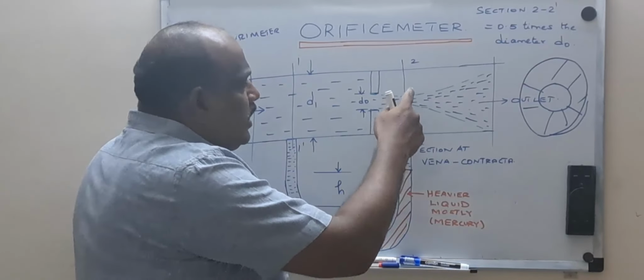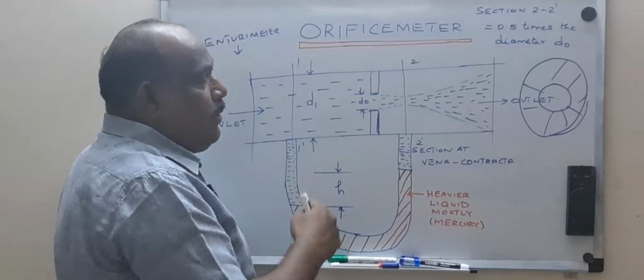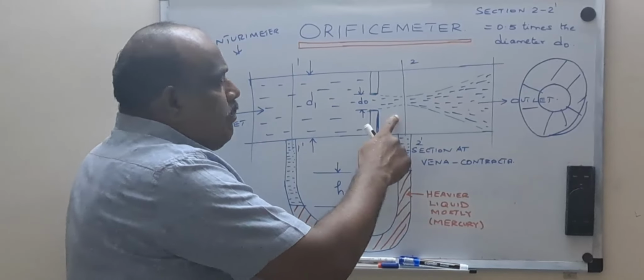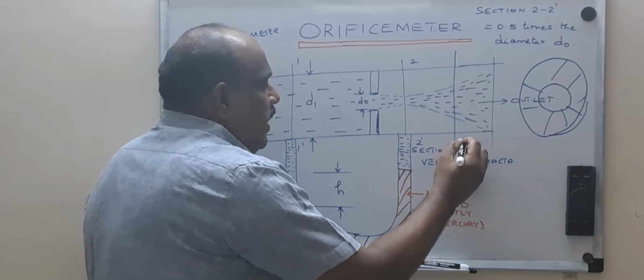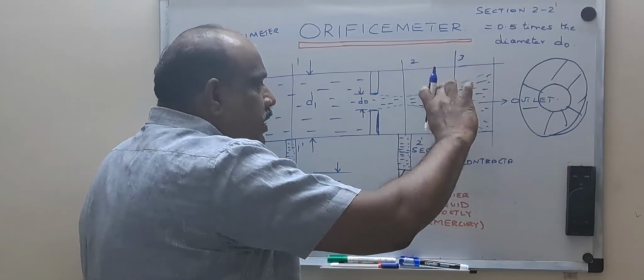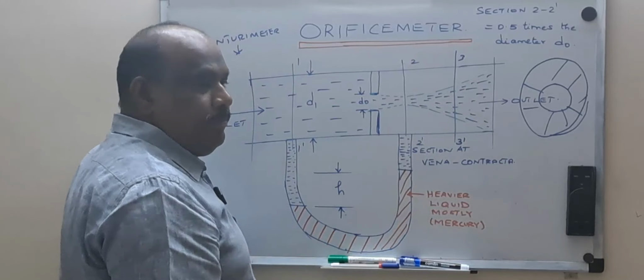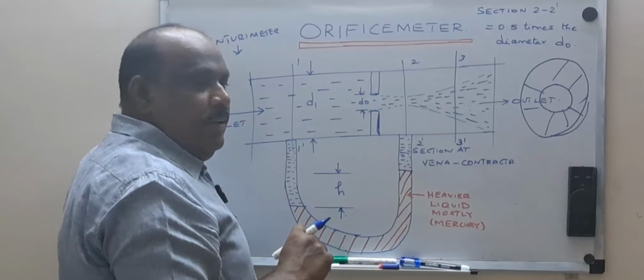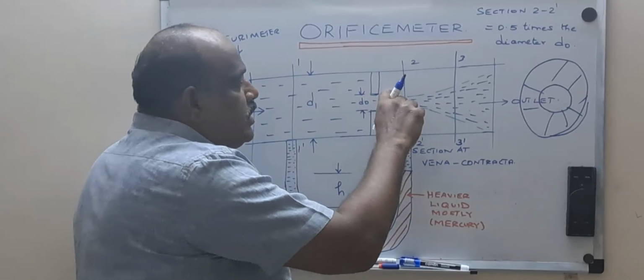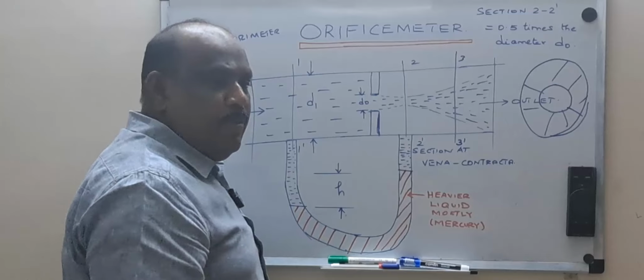Can you tell me the specific location of 2 from the diagram? Compared to 2 dash and 3 dash, I will put a plane here, 3 dash. What is the difference between 3 dash and 2 dash? Height. In which area is the height very minimal? 2 dash. Before that the height is more, and after that also it is very high.